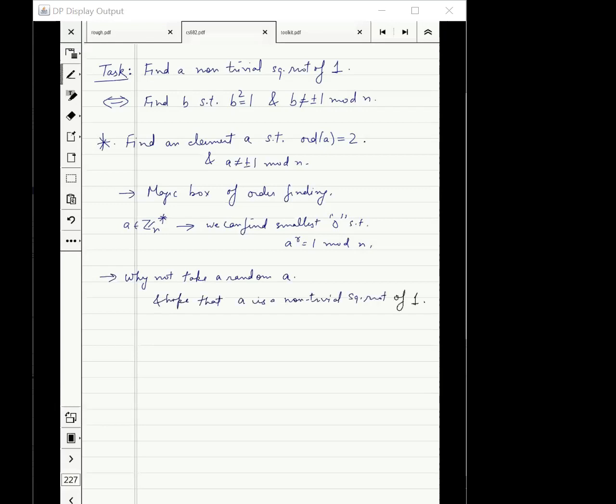That was a suggestion. Actually, I was not thinking about that, but that thing is actually better. Random guess, and then just in case it works out, it'll be good.